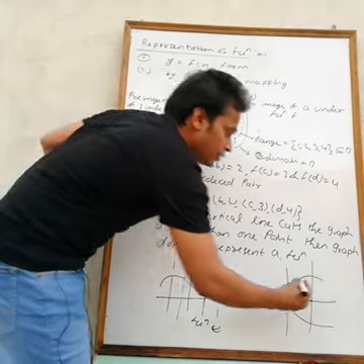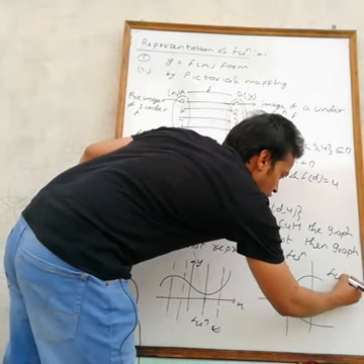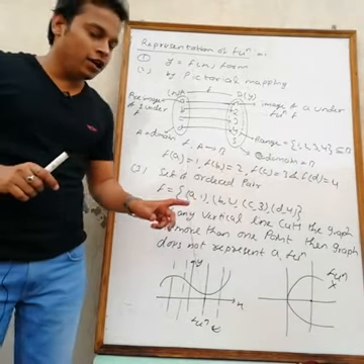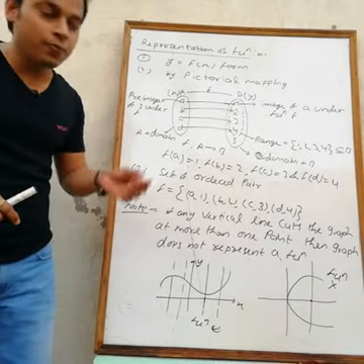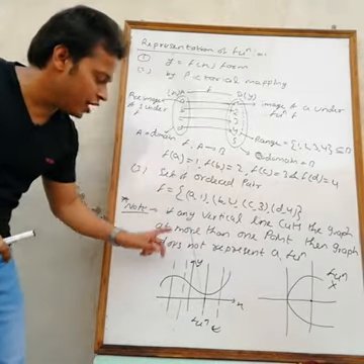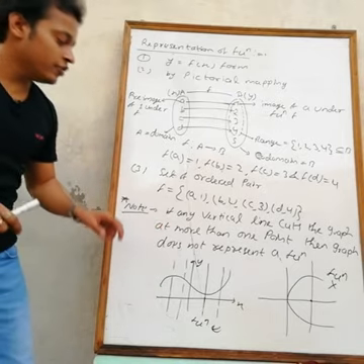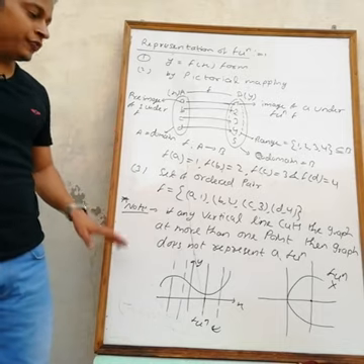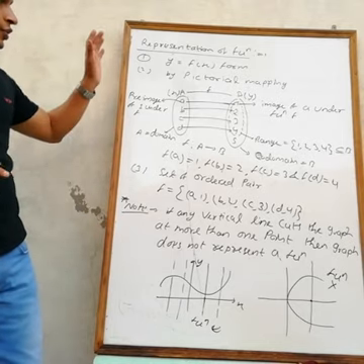So I can say that this one is not a function. Any vertical line that cuts the graph at more than one point means the graph doesn't represent a function. If you can't draw any vertical line which cuts the graph at more than one point, then this one is a function. So write down.